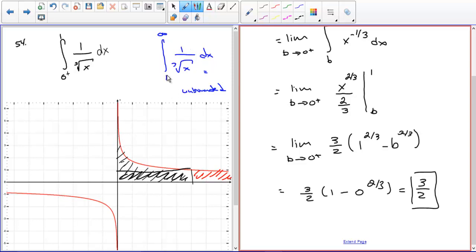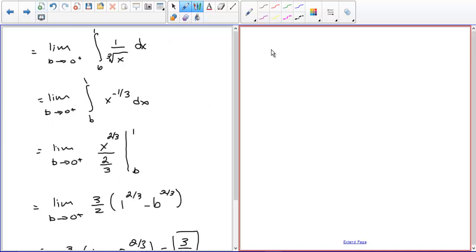The only thing we do differently in the second part is we have the dummy variable b be the upper limit. So let's do that. And also, we're going to take the limit as b goes to infinity instead of when b goes to 0. So the second integral will be the limit as b goes to infinity of the integral from 1 to b of 1 over the cube root of x dx.